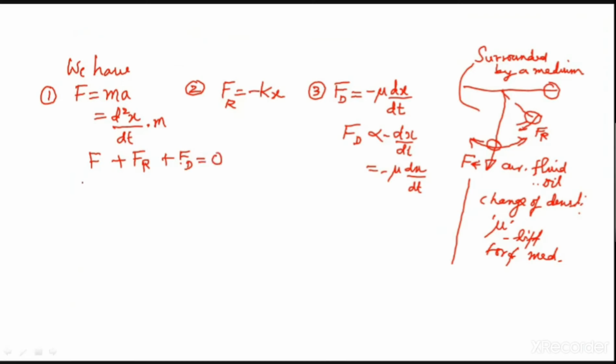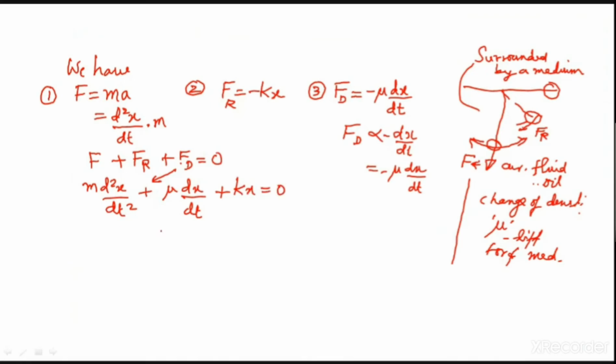Force, from Newton's second law, d²x/dt² plus, write this one first, mu, because minus it is in the opposite direction, plus minus kx. So that is plus kx here.